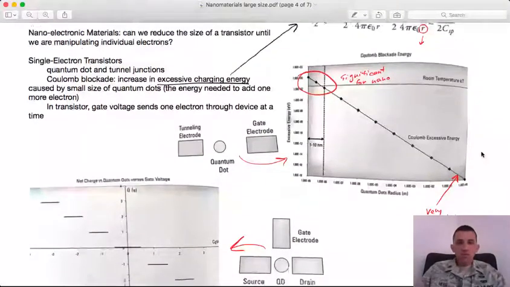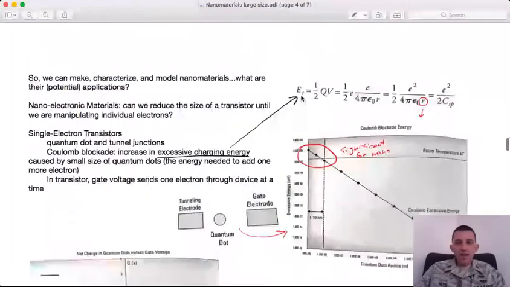Similarly to what we saw with the surface area to volume ratio, when the quantum dot, or some region of semiconductor material that forms our transistor, is very large, the energy required to add an additional electron is very small because there are already so many in there.